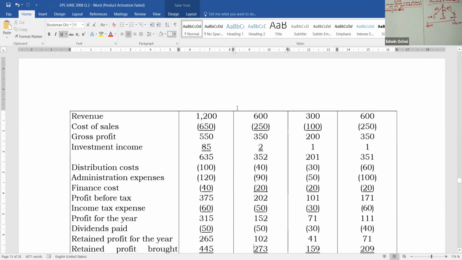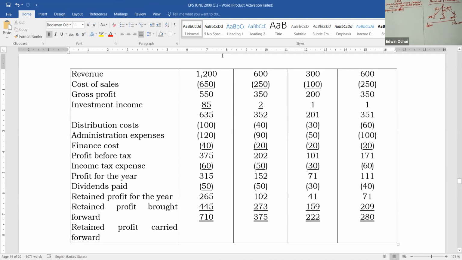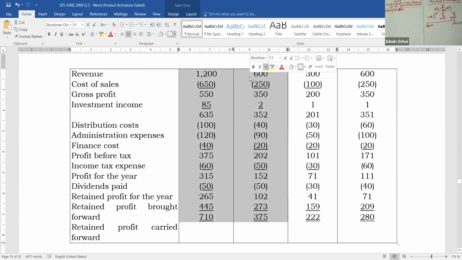So this is what I will be doing here. The revenue, I have taken 1200 plus 600, cost of sales, 650 plus 250. So I will be adding the parent plus subsidiary. Then after doing that, we make the relevant adjustments.